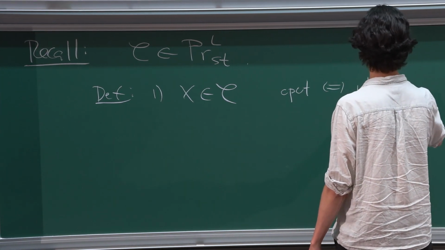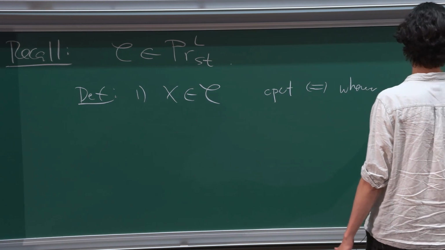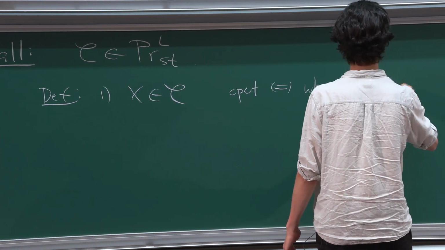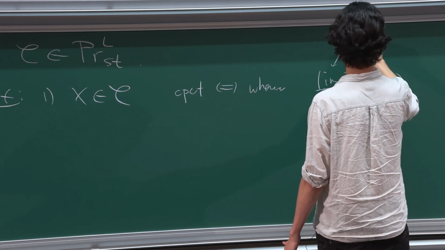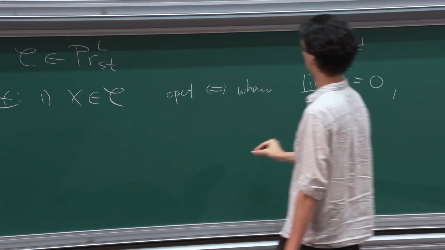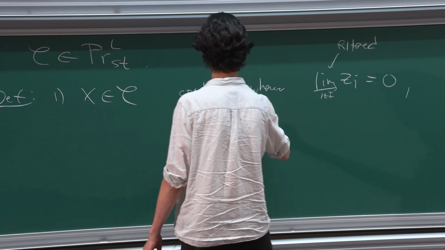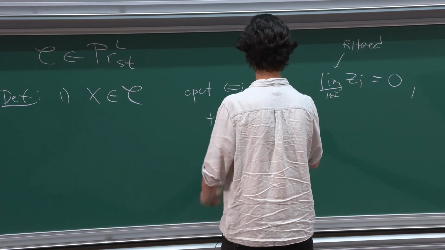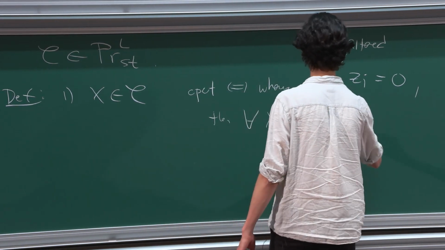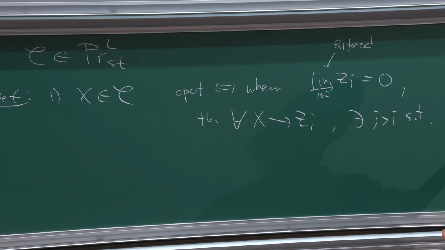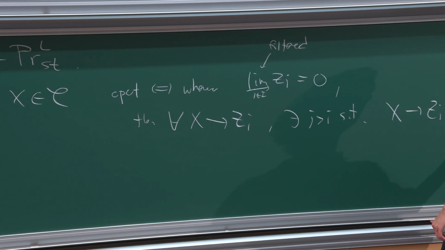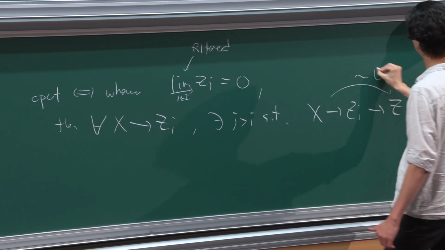Whenever you have a filtered colimit, then for all maps x to some z_i, there exists a j bigger than i such that x goes to z_i goes to z_j is null homotopic.